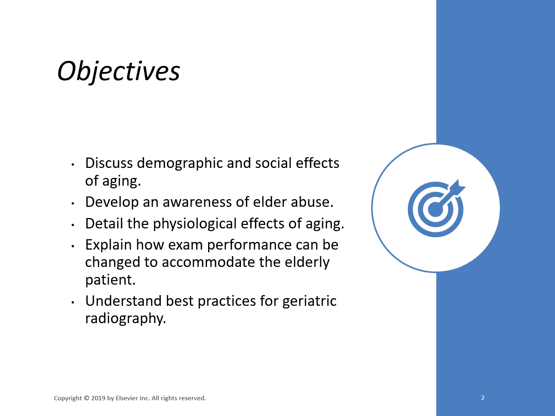Exam performance is changed to accommodate the elderly patient. That's basically the whole point of this. The most important objective of this entire lecture is to tell you that elderly people have certain issues, some of them common, some of them rare. Not every elderly person is the same, but these are some of the more common things with elderly people.